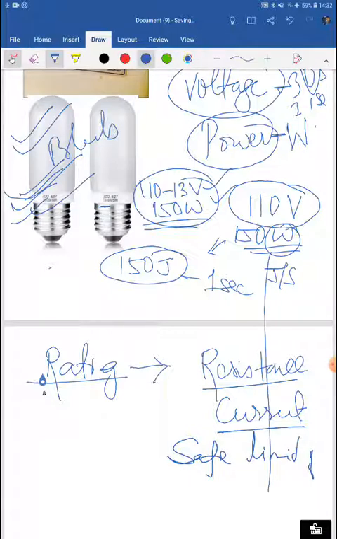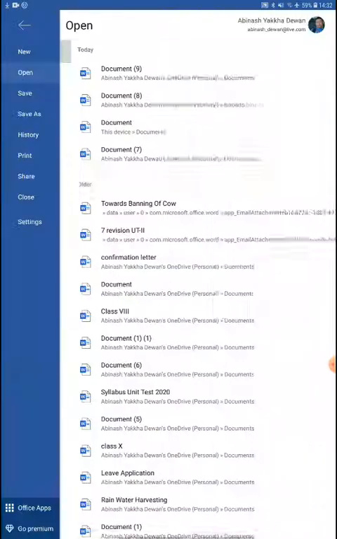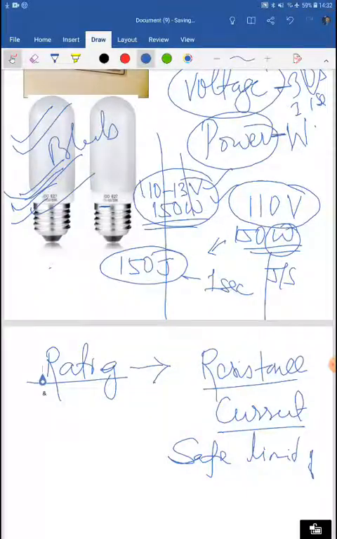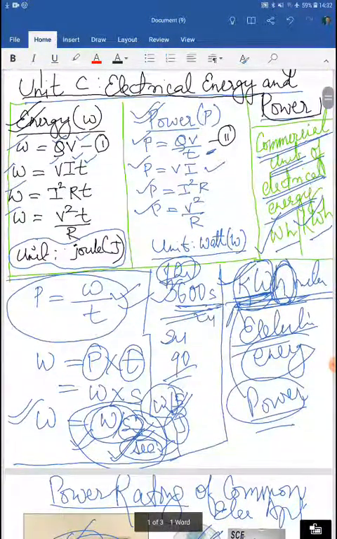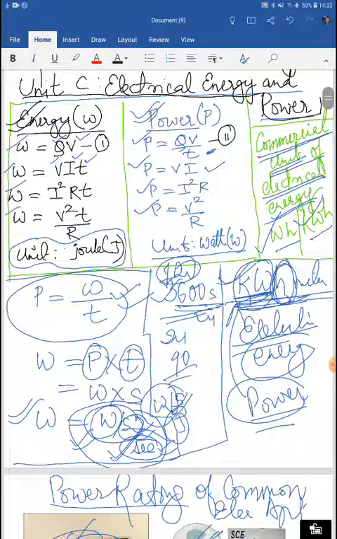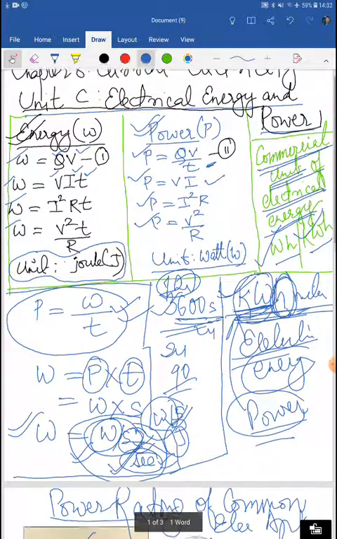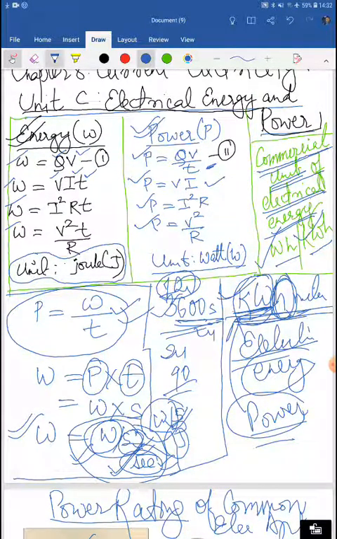Now if you see here, you have one equation, P equals V square by R, and P equals VI.